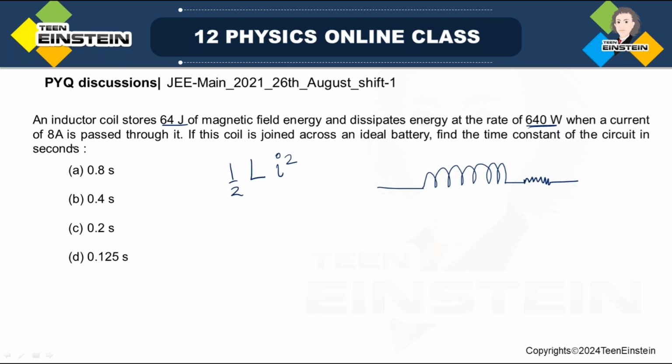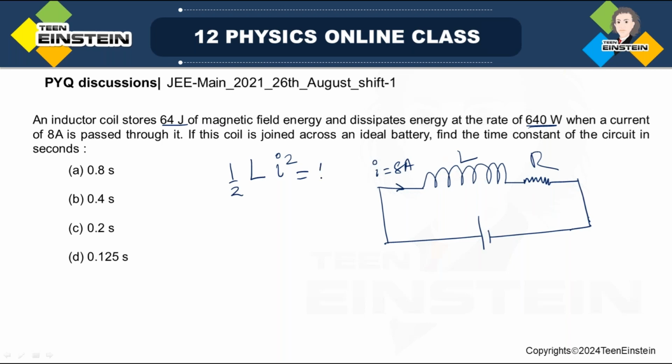When a current of 8 ampere is passing through it, and if this is connected to an ideal battery, in the sense we are taking a DC battery, then find the time constant of the circuit. That means you have got an LR circuit, but you have not been given what is L, what is R, neither the voltage is given. You have been given the energy stored in the inductor coil and the energy dissipated through the resistor.